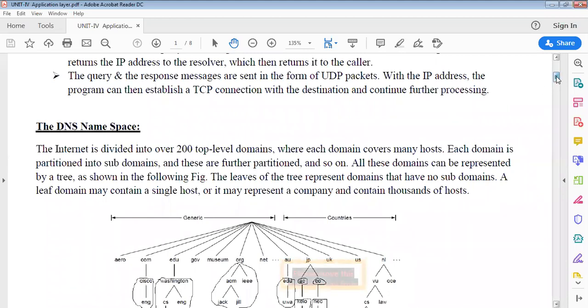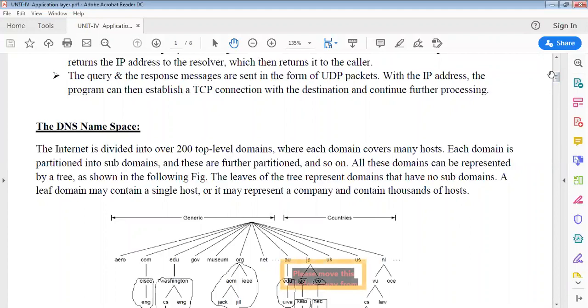But the problem will be, assume that you have purchased web space or server space from Amazon Web Services. After 2 or 3 years, the IP addresses are very dynamic. Once the IP address is changed, what will happen? You have to give the different IP addresses to all your users. Suppose google.com is using many web servers and has n number of IP addresses.